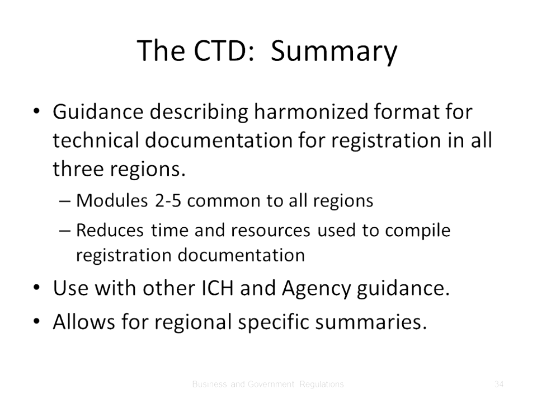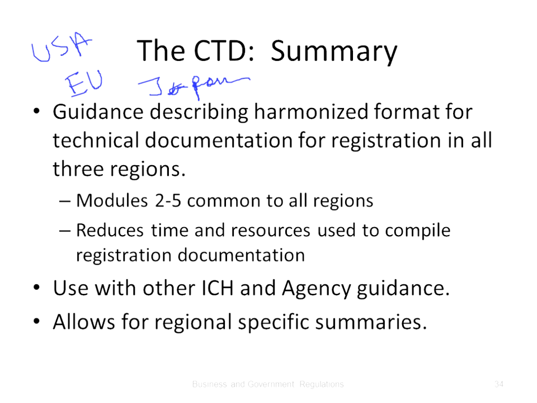Okay, so in summary, the CTD is a guidance describing harmonized format for technical documentation for registration in all the 3 regions. What are the 3 regions? USA, Europe, and Japan. Modules 2 to 5 are common to all regions, reduces the time and resources used to compile registration documentation.